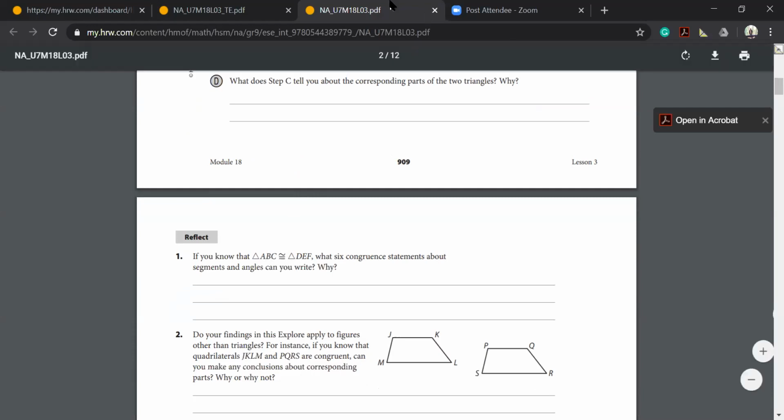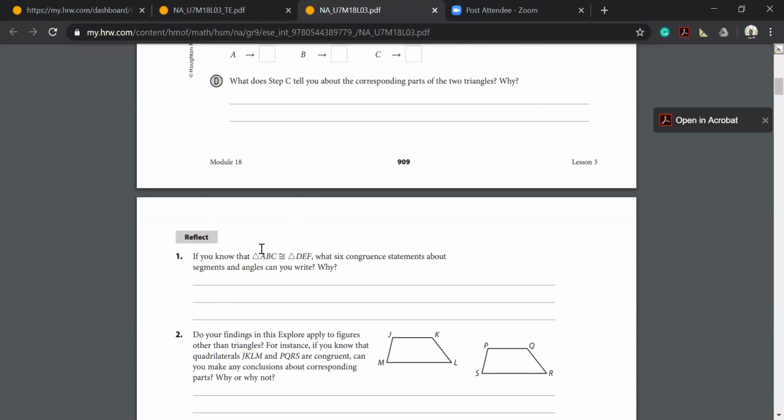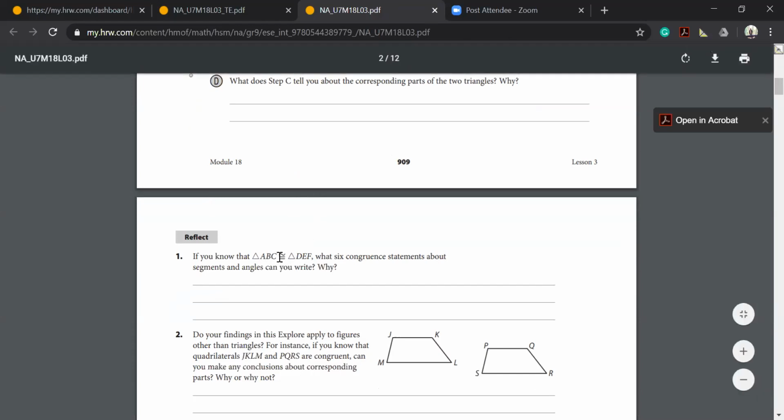That's the thing that we wrote up here. Since I am talking about a triangle, in a triangle we have how many sides? We have 3 sides. And how many angles? We have 3 angles. We are going to write that AB is congruent to DE, BC is congruent to EF, and AC is congruent to DF.